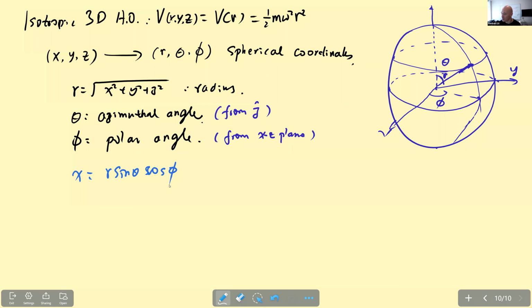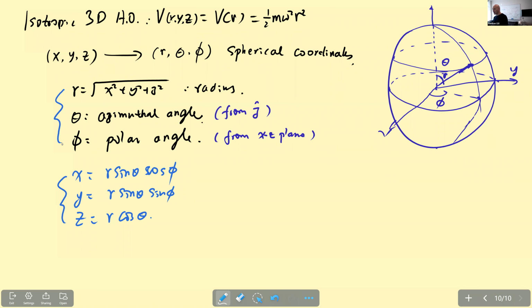And y actually equals r times sin theta sin phi, and z is simply r cosine theta. So this is the transformation of coordinates between the spherical coordinates and the Cartesian coordinates.